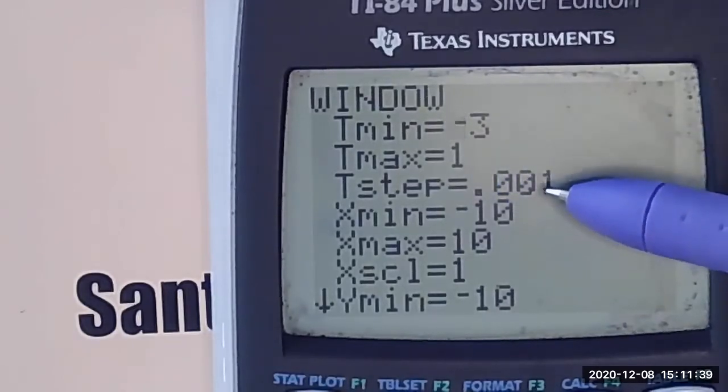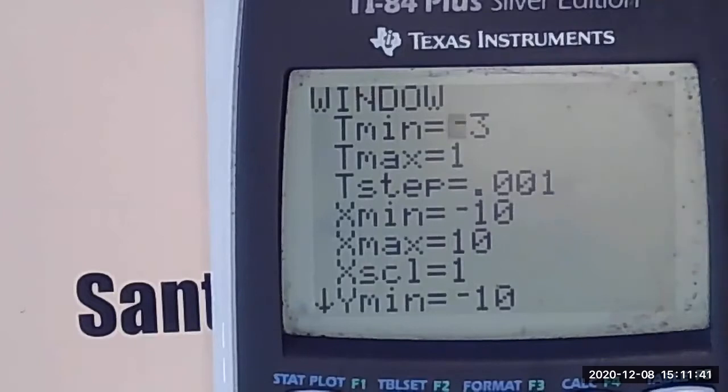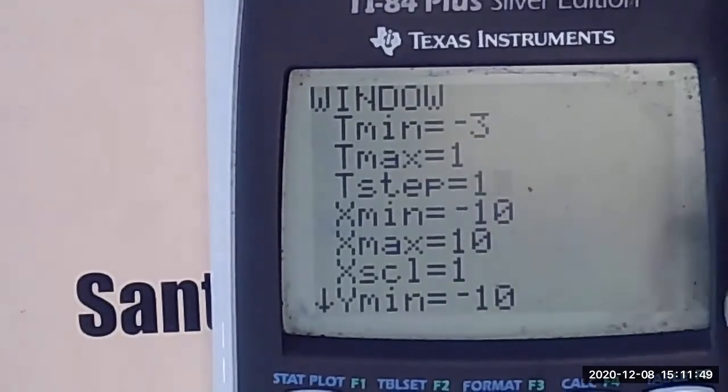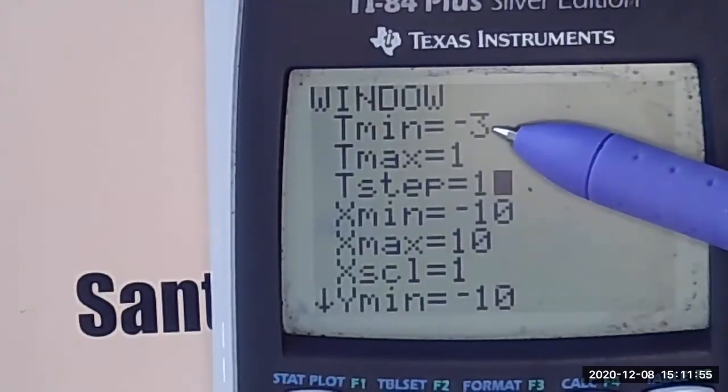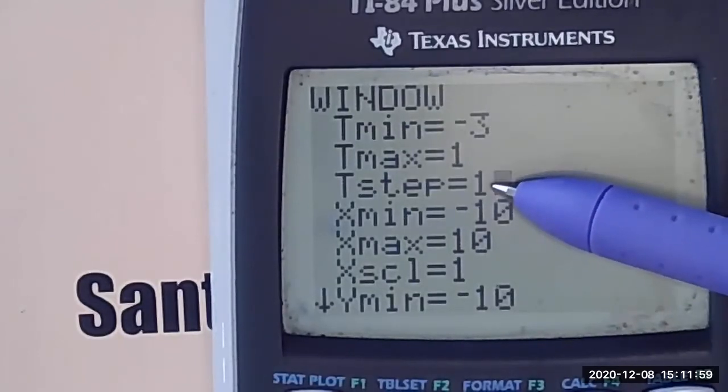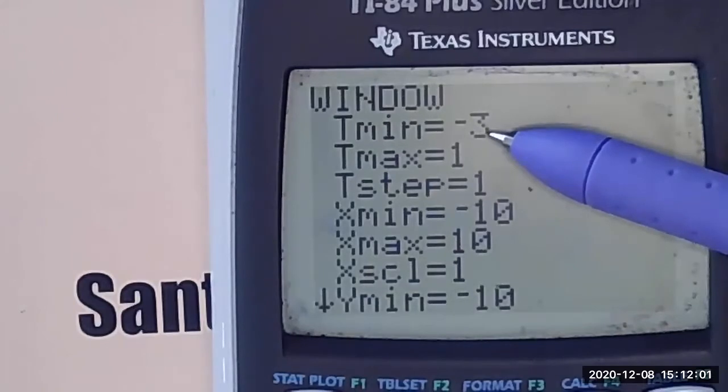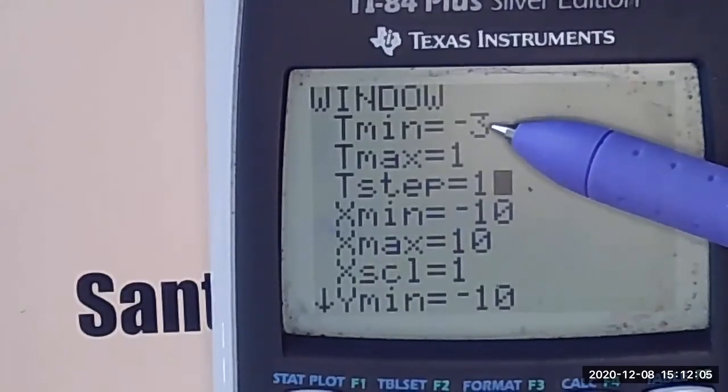And then the t-step, if I say t increments by 1, well, what that means is the calculator is going to plug in the -3, work it out, plot a point. And then it's going to jump by 1. So it's going to plug in the -2, plot the point, and connect the dots as you plot.